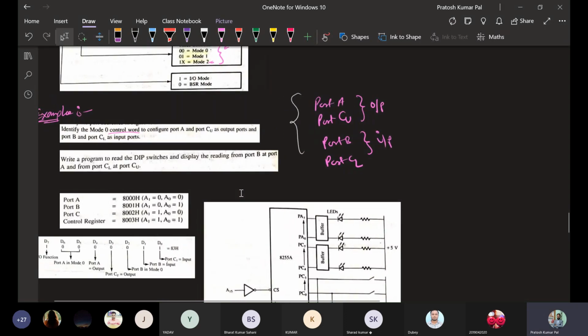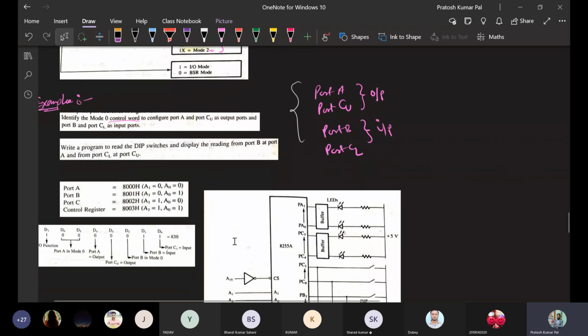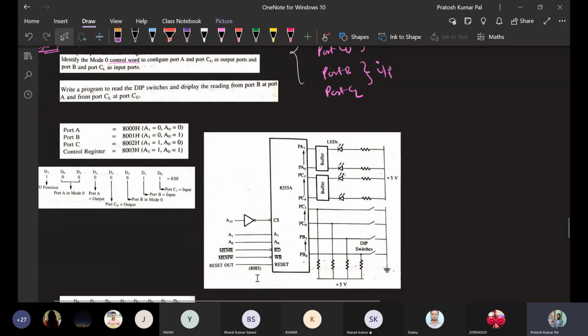So to find out the address, this is the configuration. In that we are going to find the address. Here, in the chip select logic, based on the figure, we can see that chip select is directly connected to A15, and all other address lines are not being used.